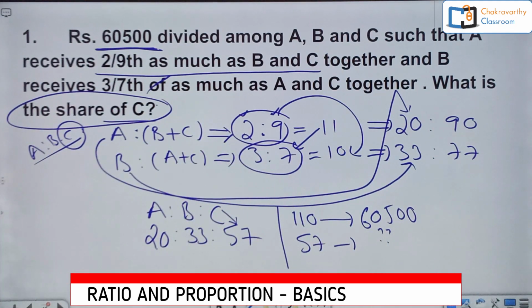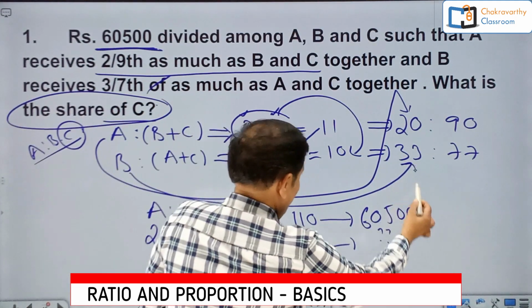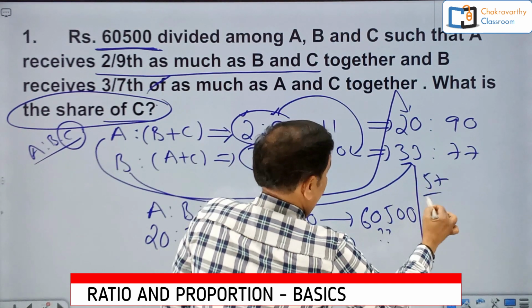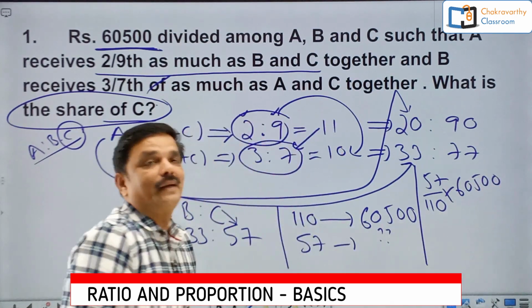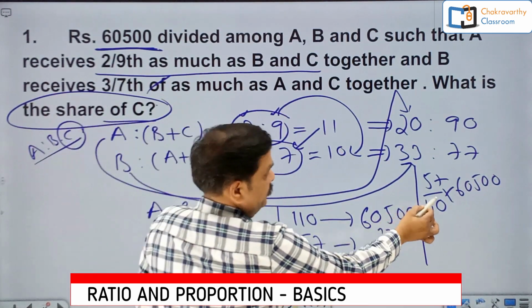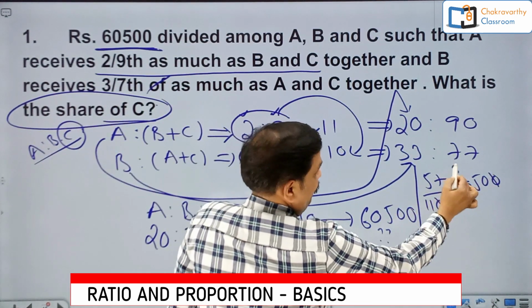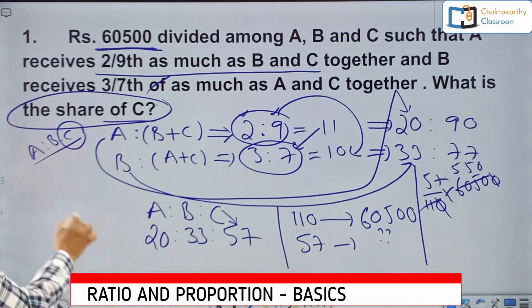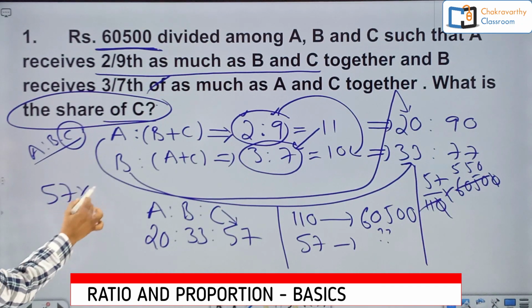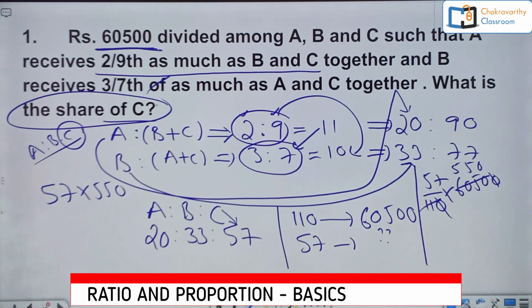How simple, students, this one, right? 57 how much means this is 57 by 110 into 60500. All right, just go for the simplification. This is 0 0, you can cut 11 fives and 0, that's all. So 550 into 57, my answer is 57 into 550.